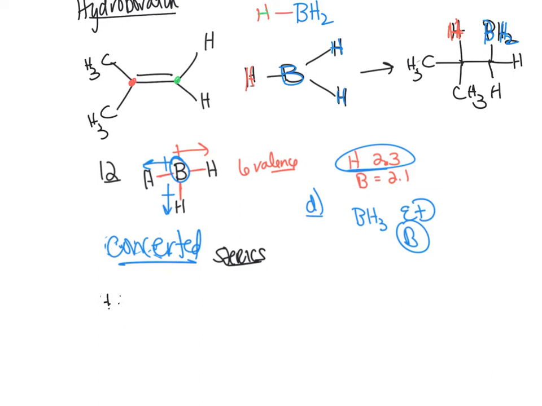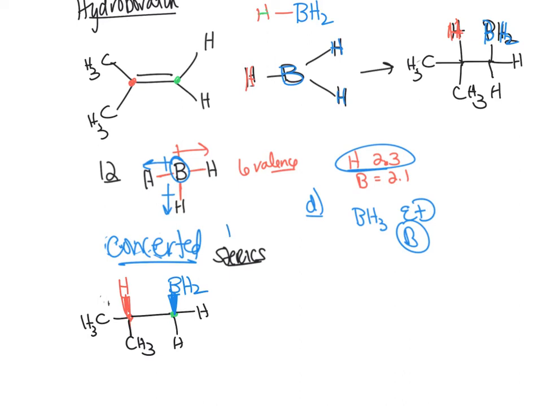On this carbon, it is going to get the hydrogen, and then the other carbon here is going to get the BH2, and since they add at the same time, they're going to be added on the same side. So usually you can even show that by making both of them wedges, or you can make both of them dashes.